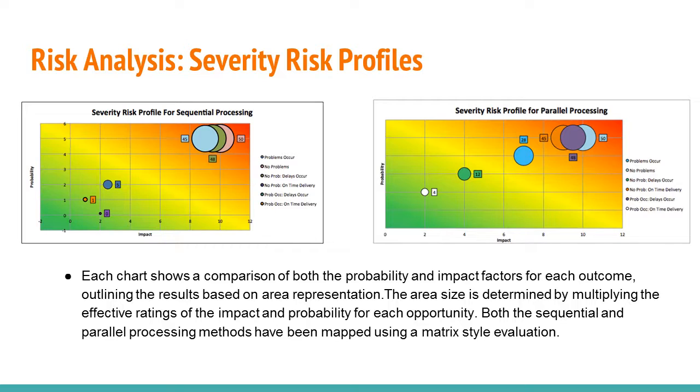On the sequential processing chart, the purple dot shows that there is a 0% chance of on-time delivery if no problem occurs, whereas on parallel processing, the orange chart here shows that there is a 45% chance of on-time delivery if no problem occurs. Both the sequential and parallel processing methods have been mapped using a matrix style evaluation.